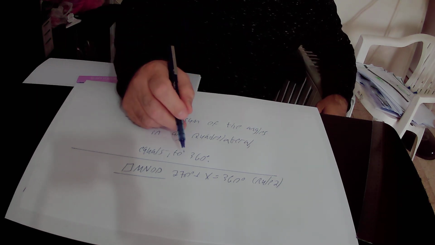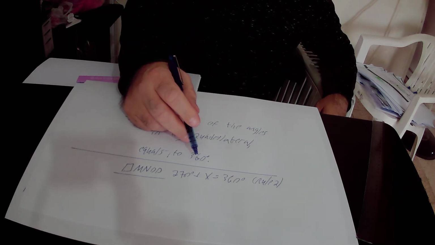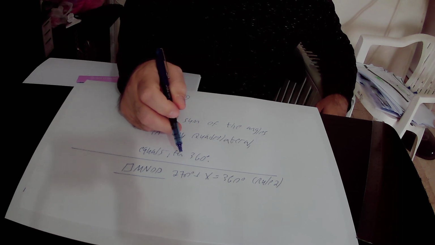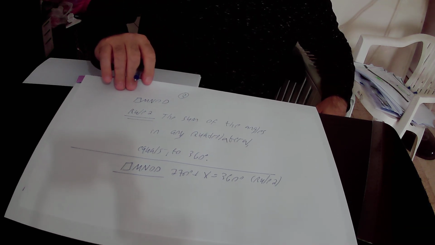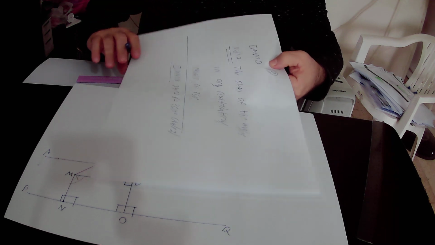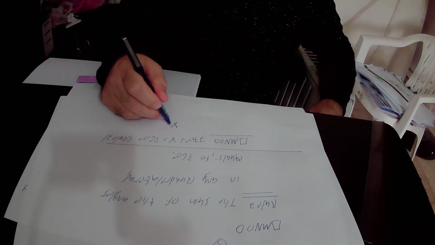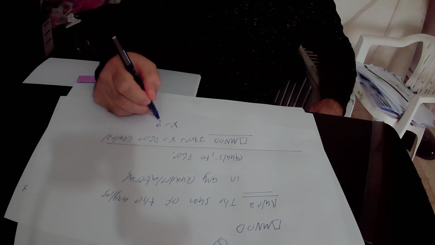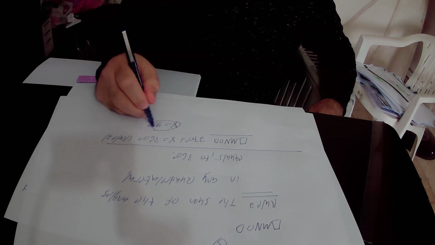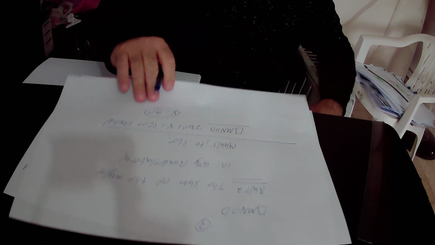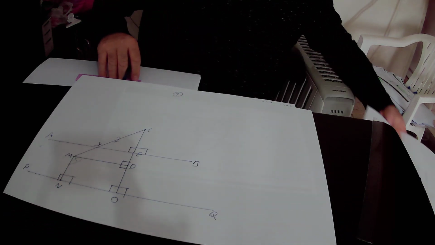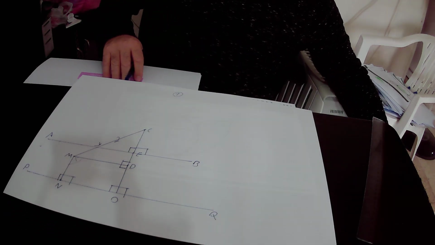Here we will subtract 270 degrees from this equality, and we will get that angle X equals 360 degrees minus 270 degrees. That is to say, it equals 90 degrees. So we found out that angle X is a right angle. It equals 90 degrees.